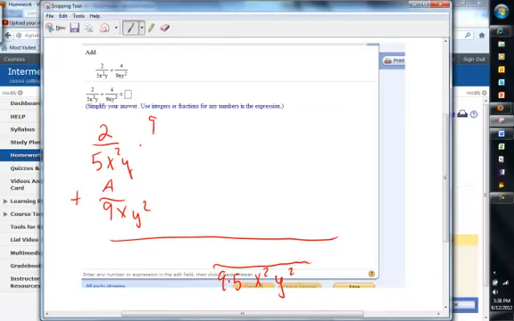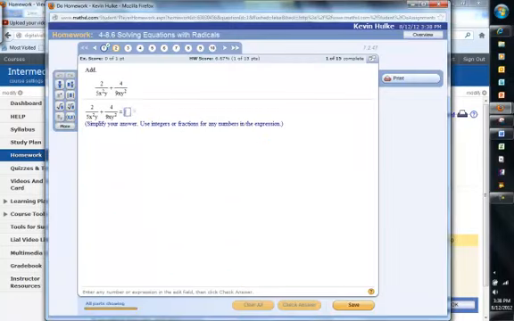This is missing the 9 and an x, and this is missing the 5. So we have 18x is this numerator, 20 is this numerator, so our answer is 18x plus 20 over 45x squared y squared.